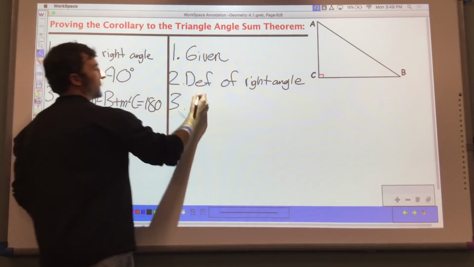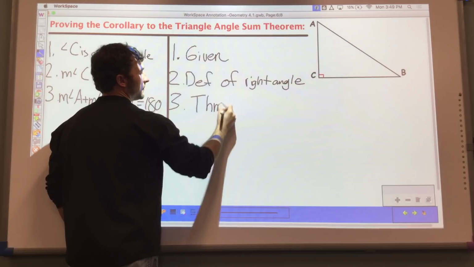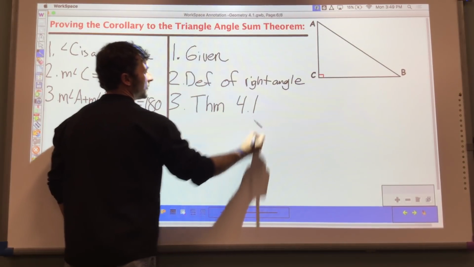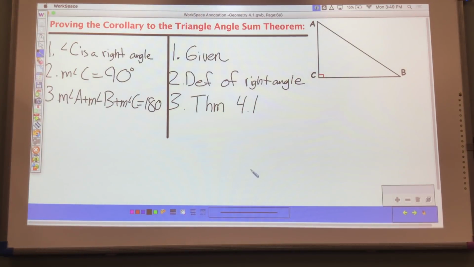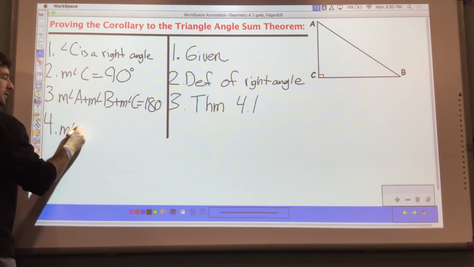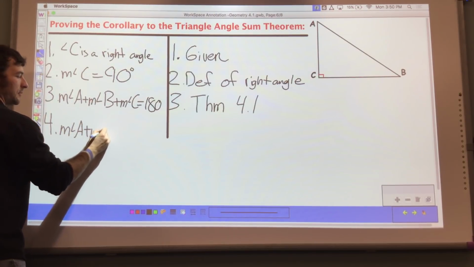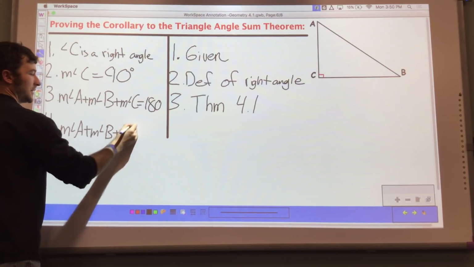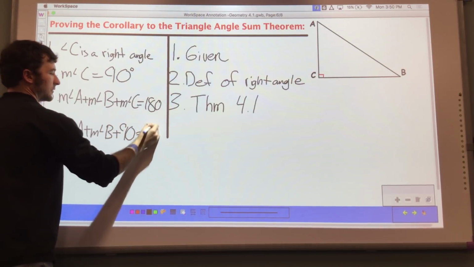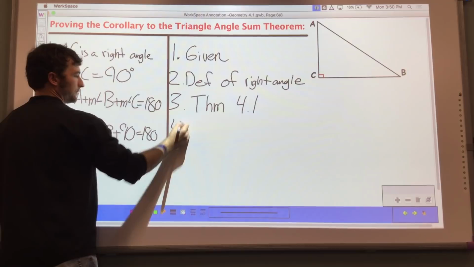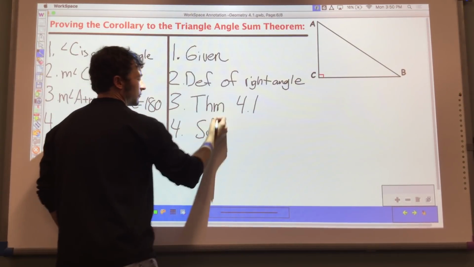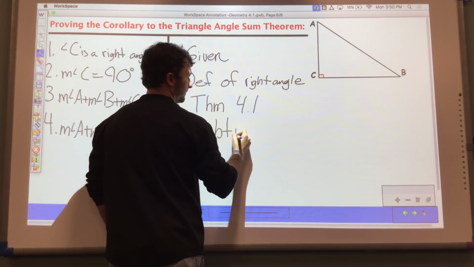And that's theorem 4.1, triangle angle sum theorem. Step 4, well, we do know that C is 90, so we're going to substitute. Measure of angle A plus measure of angle B plus 90 equals 180. So that's substitution property of equality.